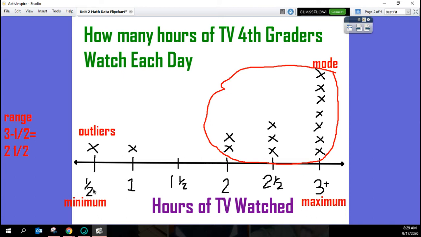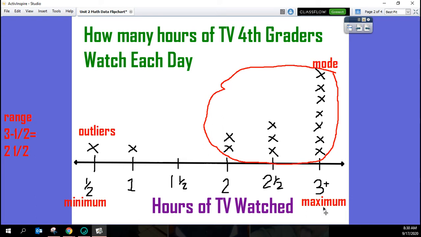So I just want to review a few of our key terms that we should be thinking about whenever we're analyzing our data. And that means making sense of it so that we can talk more about it. Okay. I see down here, we've labeled 1/2 hour as our minimum. We have 3 or more hours labeled as our maximum.